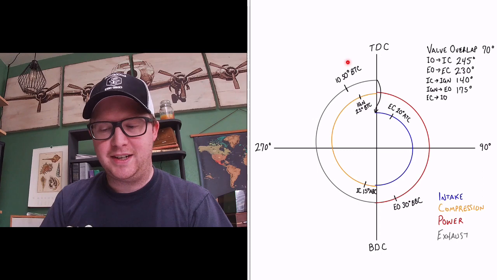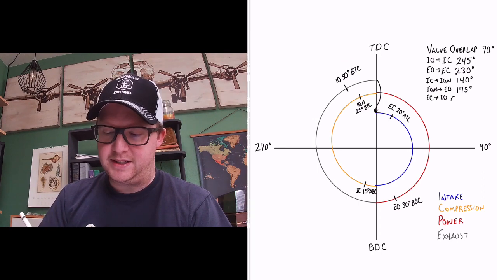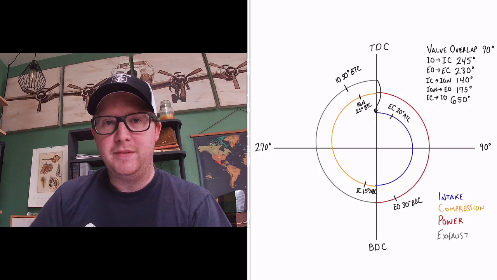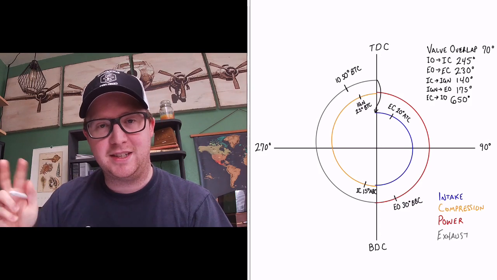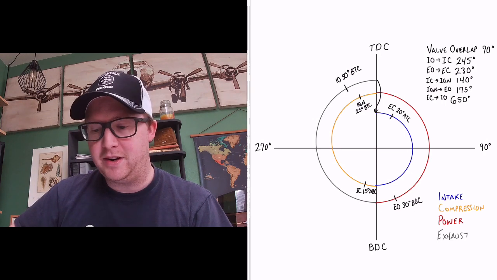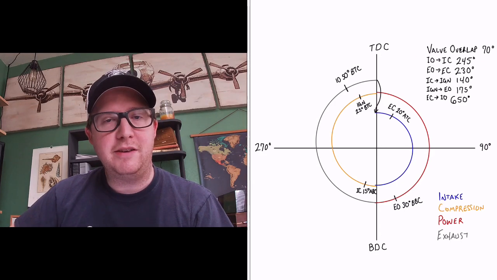That's going to give us 650 degrees of crankshaft travel between the exhaust valve closing and the intake valve opening. You'll also notice that the thing that makes math really simple on this is the distance between those two events. It's just the entire combustion cycle, 720 degrees, minus our valve overlap, which is 70.